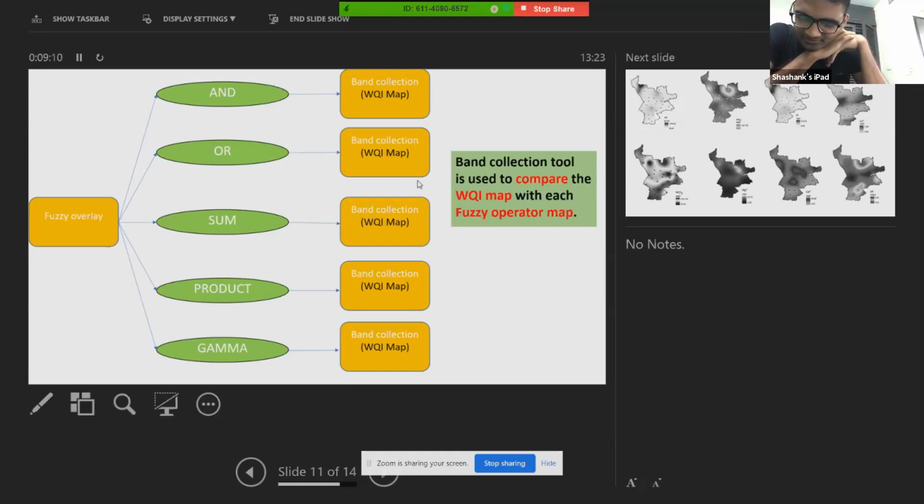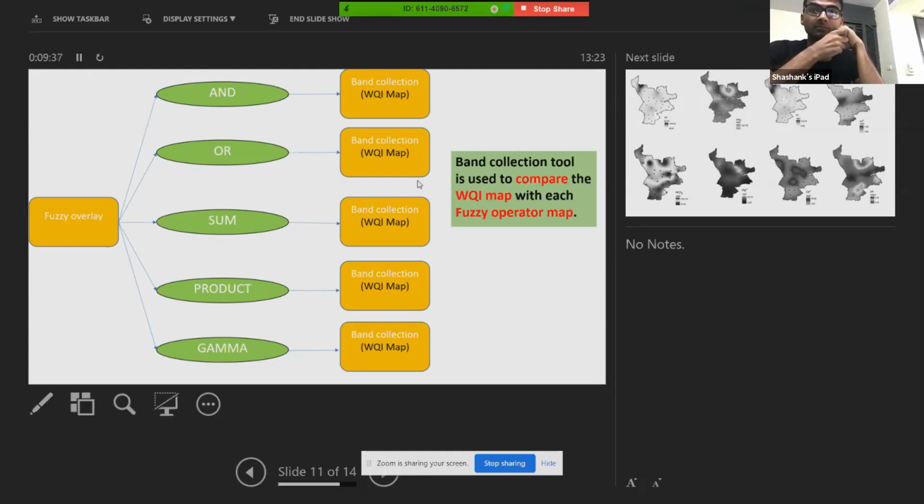Within the lab, to find a suitable area for rice farming, we used just a normal simple AHP. But on the same data set, if you change from the AND or sum into a map overlay, like A plus B multiplied by a constant, do you think the output is going to be the same?